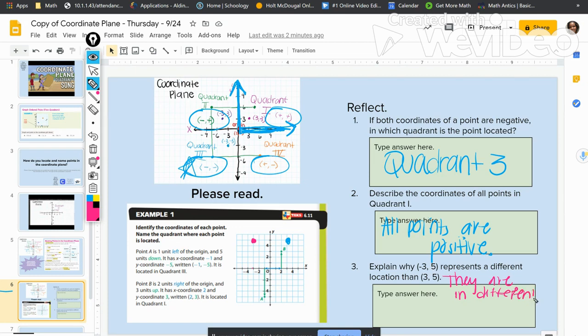Different quadrants, which means on opposite sides of the number line.